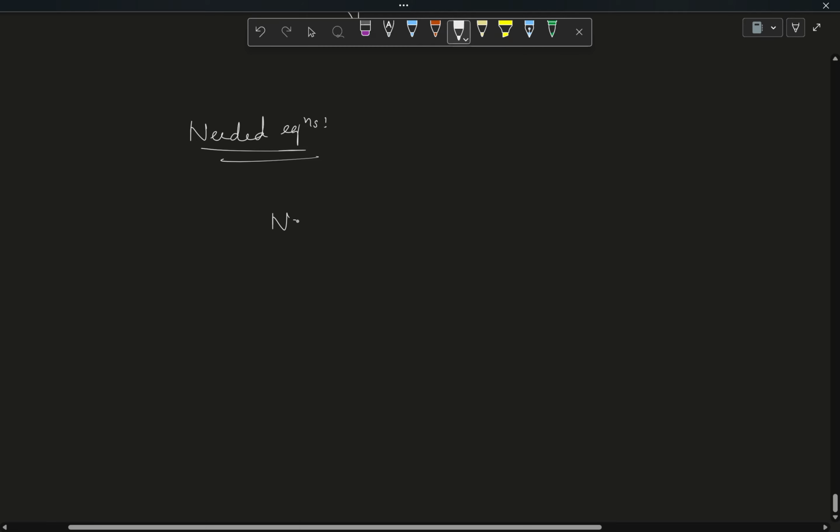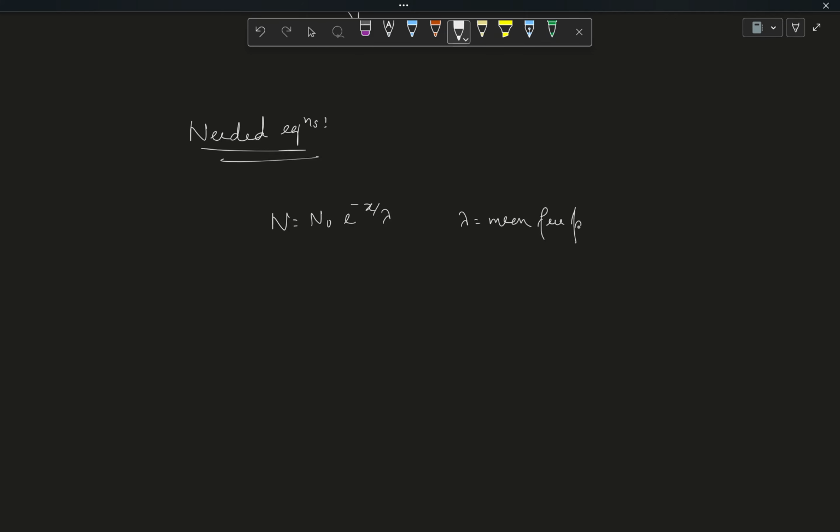First of all, the main factor is the survival equation, which is n equal to n naught e to the power of minus x by lambda, where lambda is the mean free path, average of all the free path distances of all the molecules in the gas. X is the distance after which n out of n naught number of molecules survive from any kind of collision, or we can say that n number of molecules has a free path length up to x.